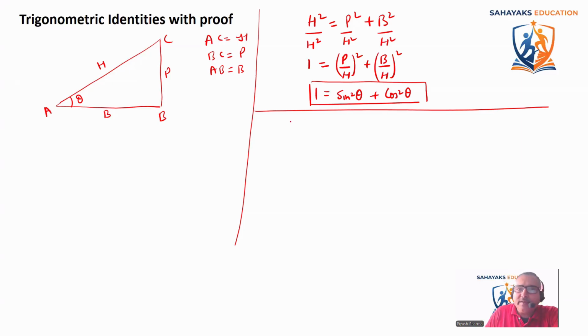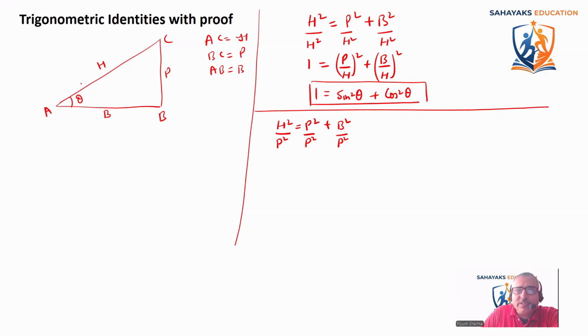In a similar manner, we write h square is equal to p square plus b square. Instead of dividing by h square, let's divide this entire thing by p square. What is h by p?